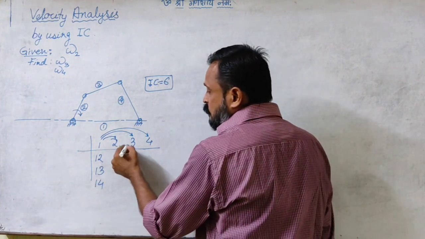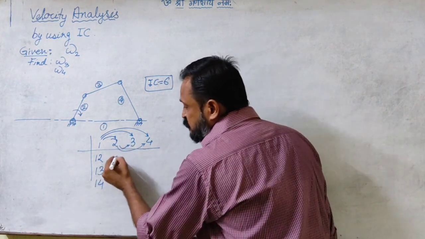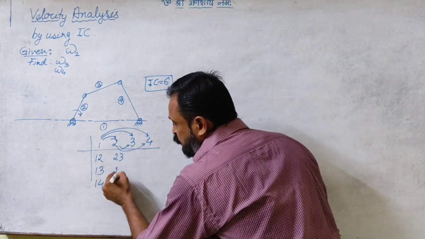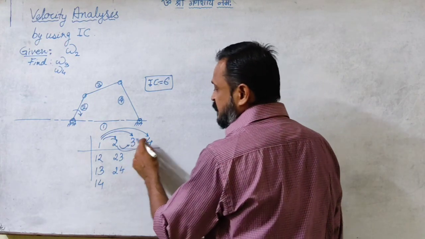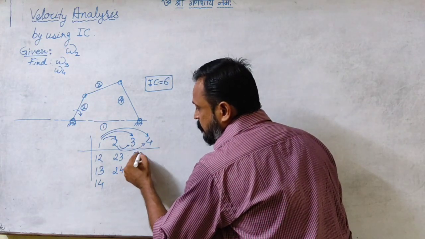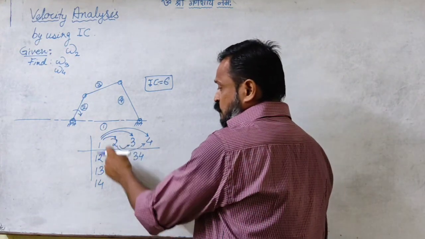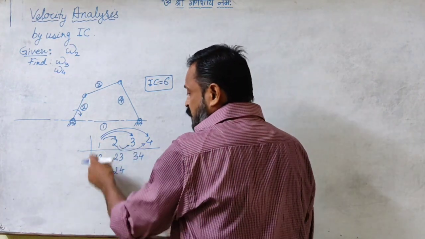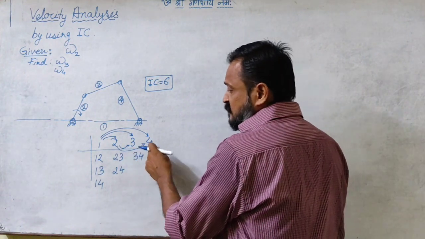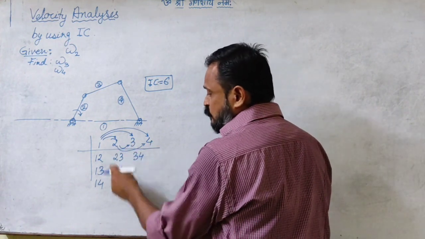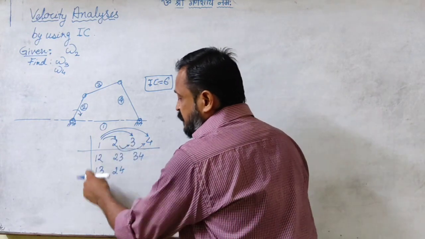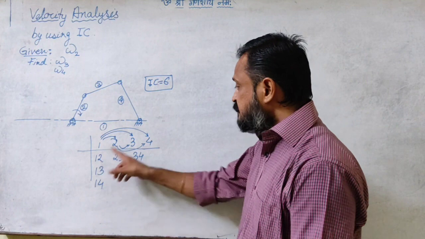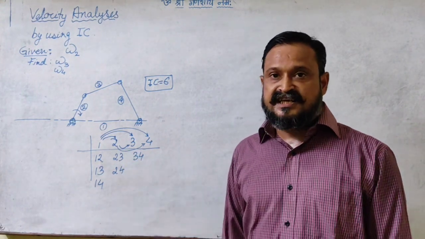Now 2 with 3 and 2 with 4, so 23 and 24. These are the instantaneous centers. Then 34. Now 32 is already existing; 23 or 32, it is one and the same thing. 31 is also existing. Then 43, so 34. 42 is 24. So the number of instantaneous centers comes out to be 6, and these many will be the instantaneous centers.